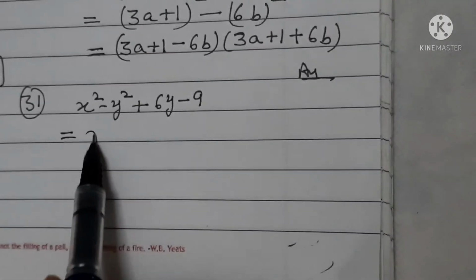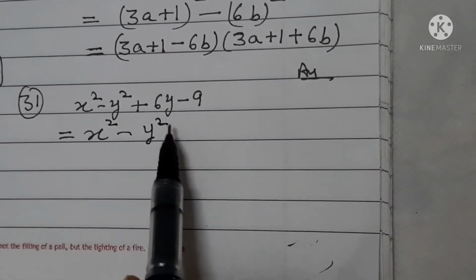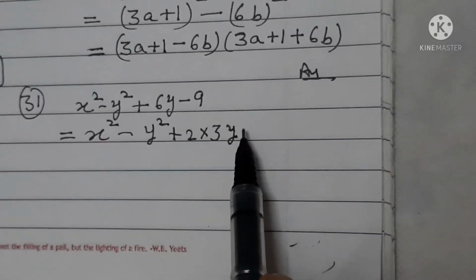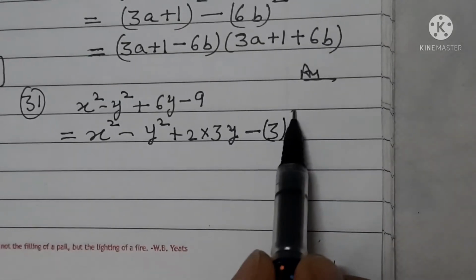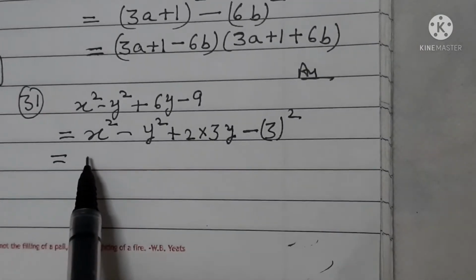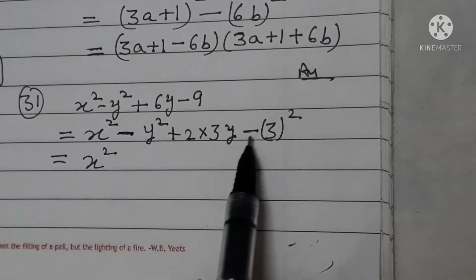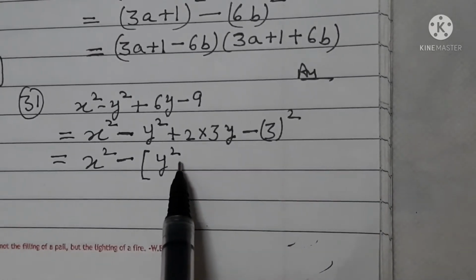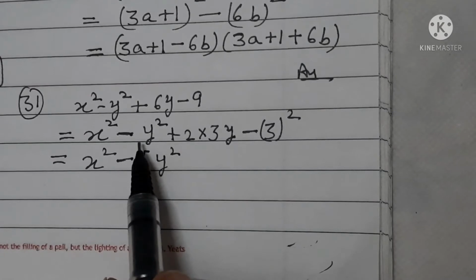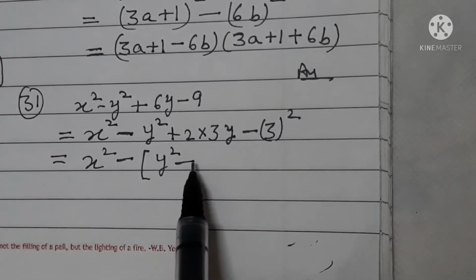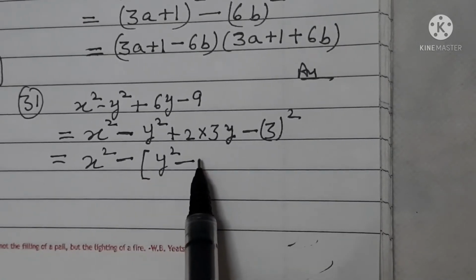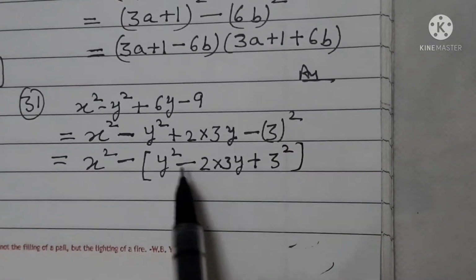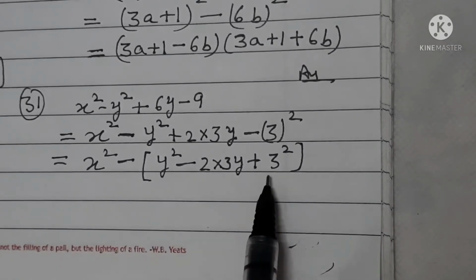So try it. x square minus y square plus 2 into 3 into y and minus 3 square, and write it down, x square, taking minus sign common, so minus common, and in the bracket y square, and this is, first you write this step, this is minus because the sign will be opposite in the bracket, you have taken minus common, so minus minus becomes plus 2 into 3y, and this becomes plus 3 square, and make this the whole square of y minus 3.